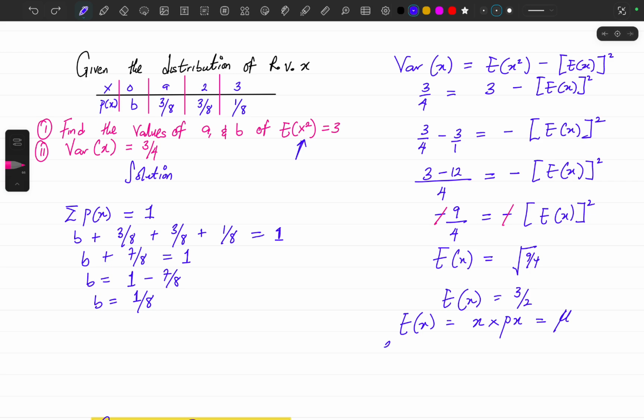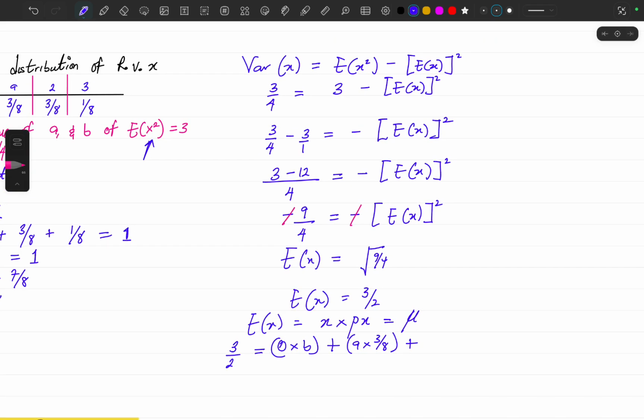So then you have to say 3/2 equals 0 multiplied by b, plus a multiplied by 3/8, and 2 multiplied by 3/8, plus 3 multiplied by 1/8.